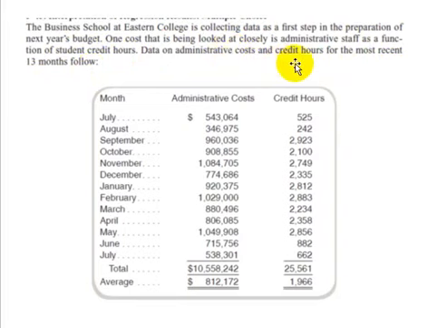So we have the independent variable, credit hours. The dependent variable is administrative costs. Number of months, 13 months. Administrative cost, we can use the term Y to represent the dependent variable. Credit hours, we can use the term X to represent the independent variable.